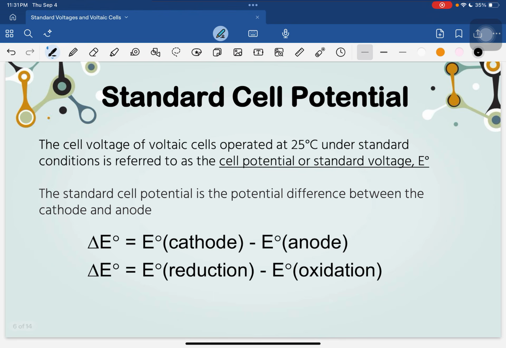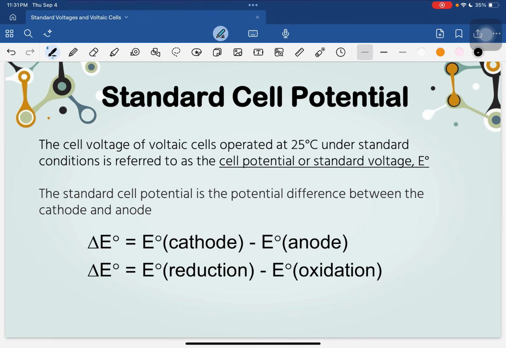Moving on to what we need, we'll be doing the standard cell potential computations. The cell voltage of voltaic cells operated at 25 degrees Celsius under standard conditions is referred to as the cell potential or standard voltage E. The standard cell potential is the potential difference between the cathode and the anode.